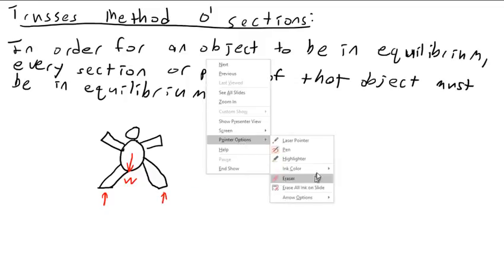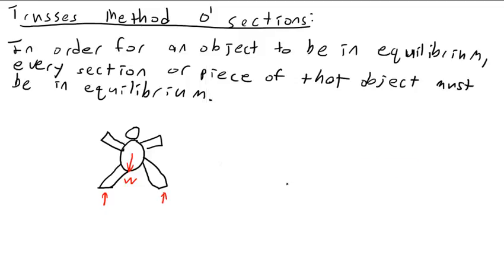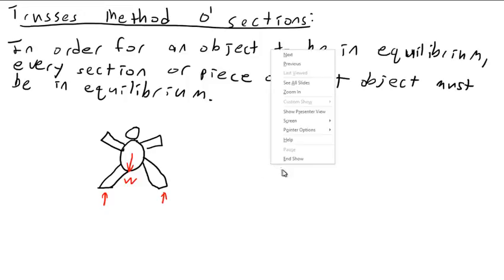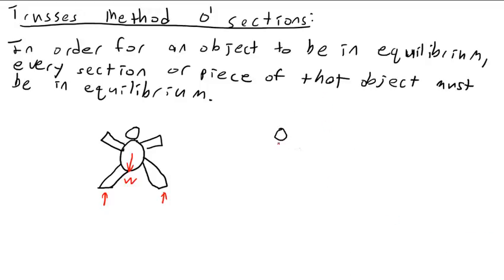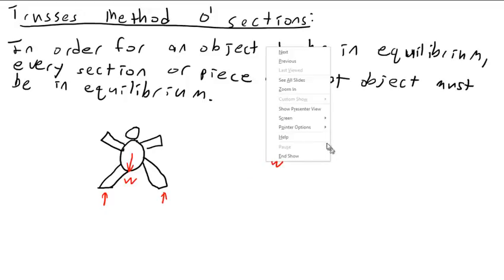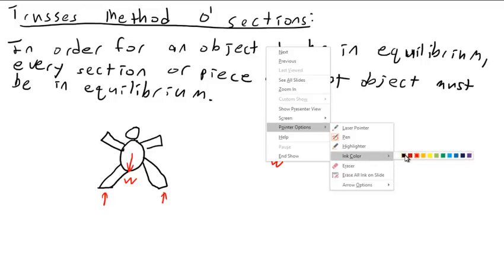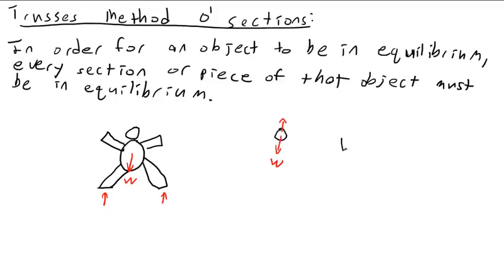However, if I want a rather grim example, I could cut this person into tiny pieces. So I could draw a free body diagram of just their head. And what would the forces on there be? Well, I would have the weight of just their head and the normal force representing the contact force and the bonds between their neck and their head. Or, if I wanted to, I could draw a free body diagram of just their arm, or just a piece of their arm. Their arm is a rectangle.